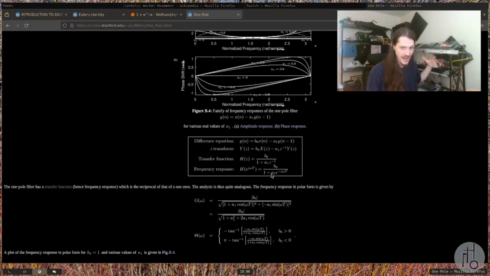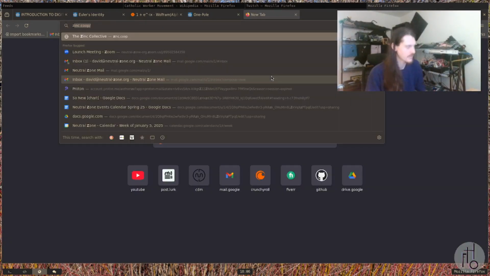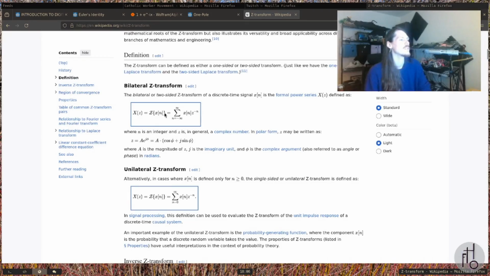For linear time invariant filters, taking the Z transform is actually really easy. And there's a reason for that, because of something called the shift and convolution theorems. Both of those take something that's usually an infinite sum. We look up Z transform. So here's usually what is going on with the Z transform.